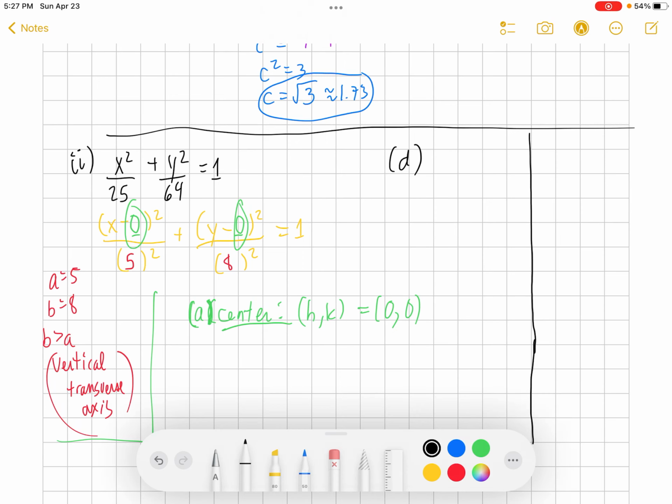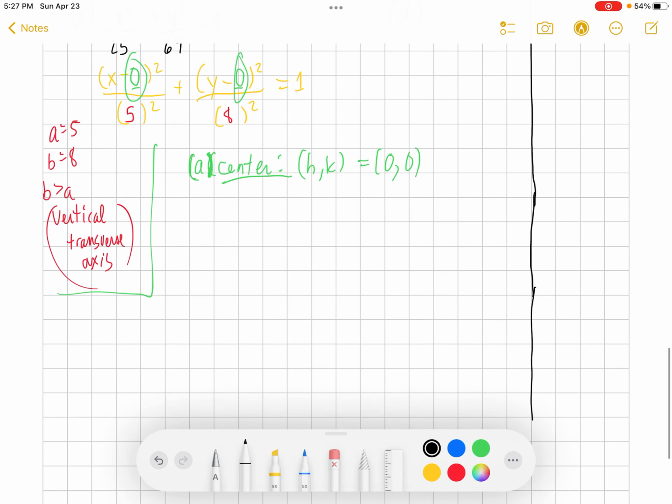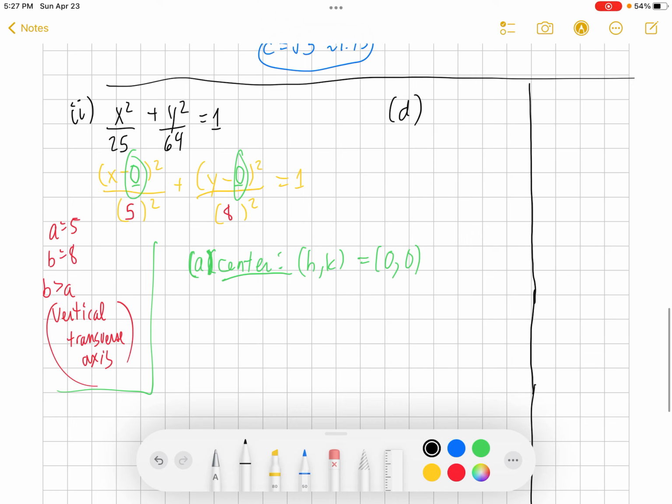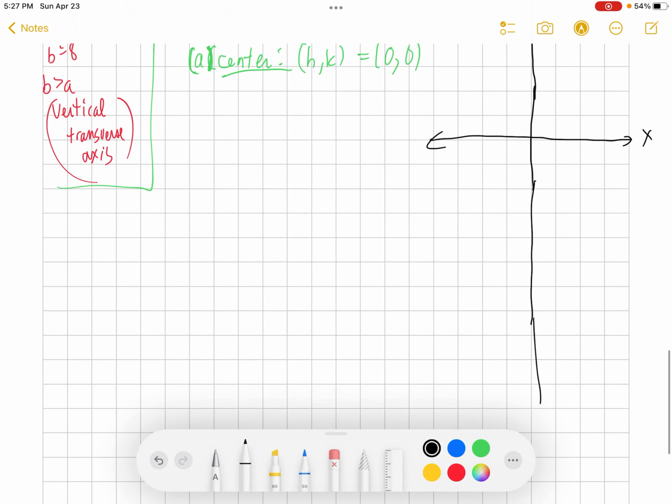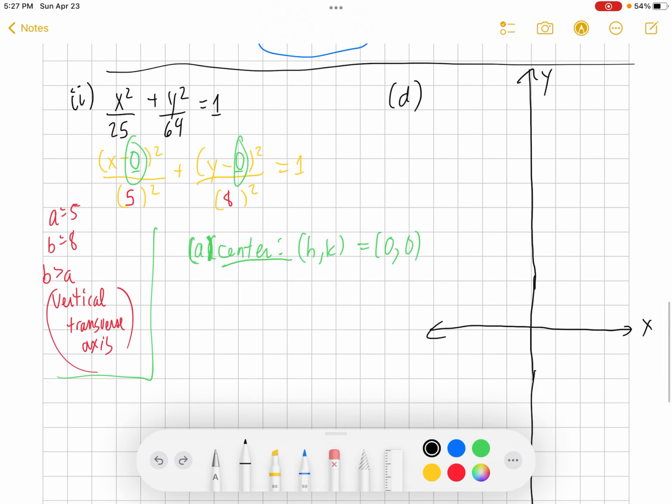Make enough spaces here. Okay, y-axis and x-axis. I think I got it all.